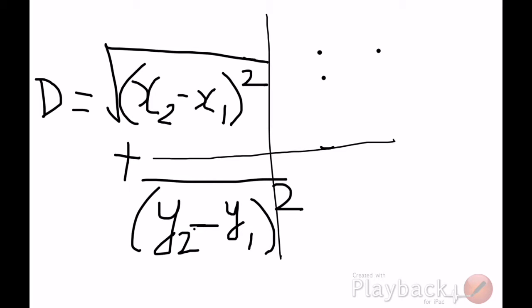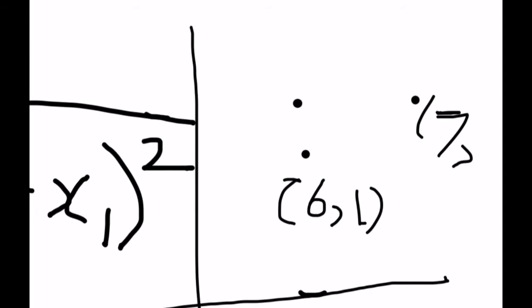For example, let's say this one is 6 comma 1, and this one is 7 comma 5.